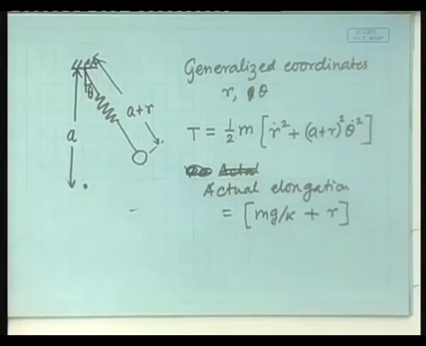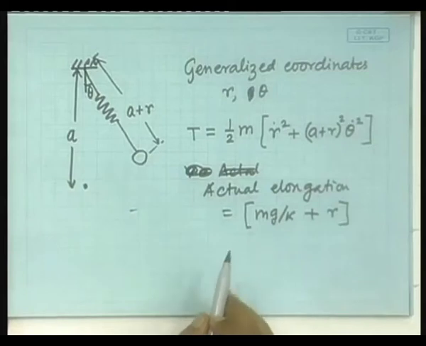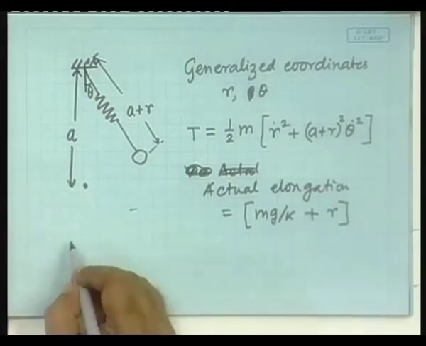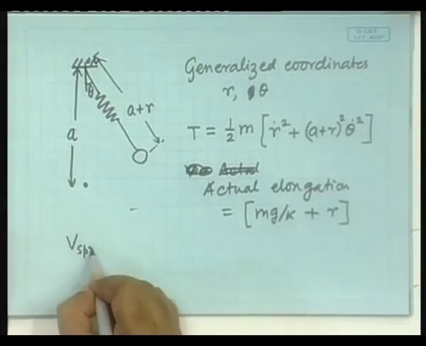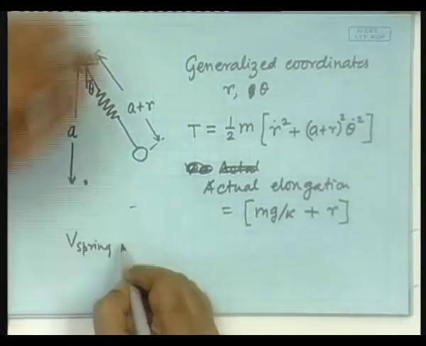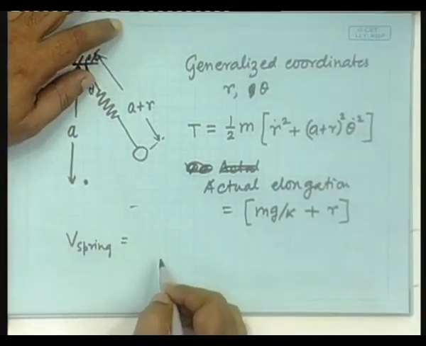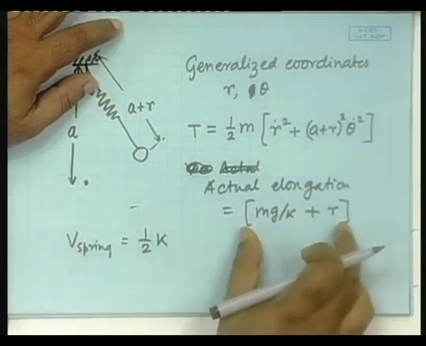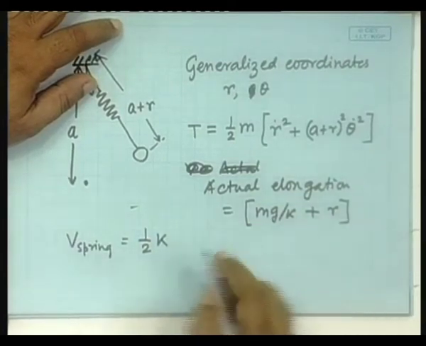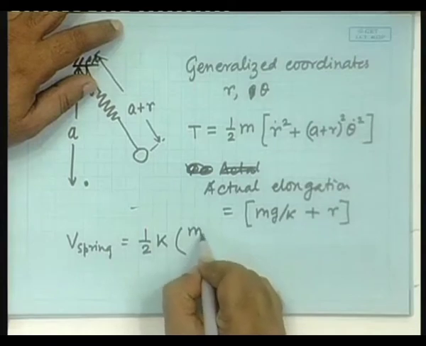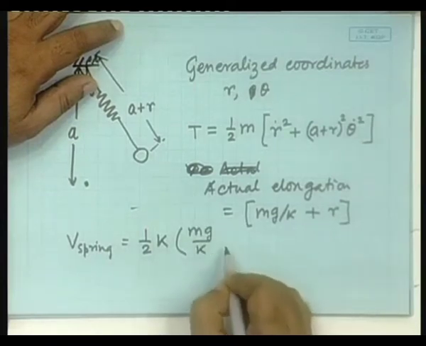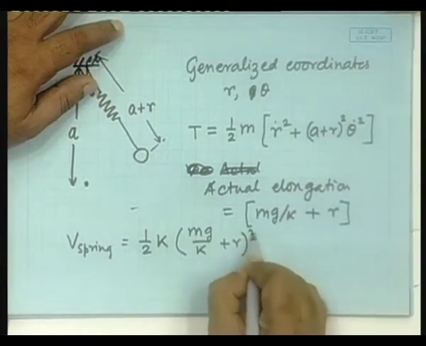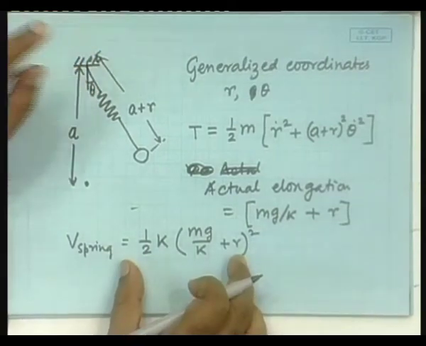That is the amount. So the potential energy in the spring is half k into the actual elongation square. So that is the amount of energy in the spring.